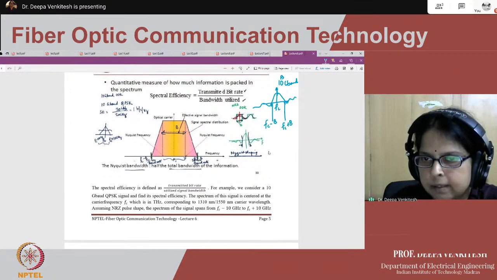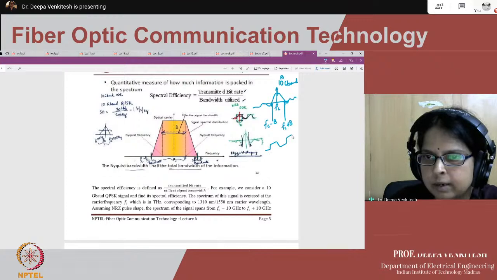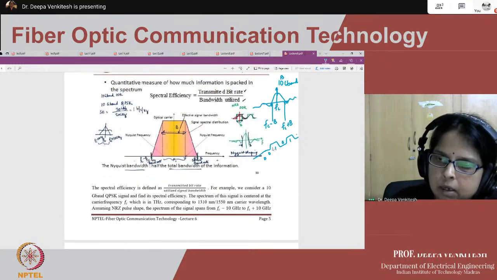Now, in the time domain, this is going to look like a non-return to zero pulse. So you have 1, 0, 1, 0, and so on. If it is a 0 and then again a 0, it just goes on like this. Now, this is what happens in a non-return to zero.